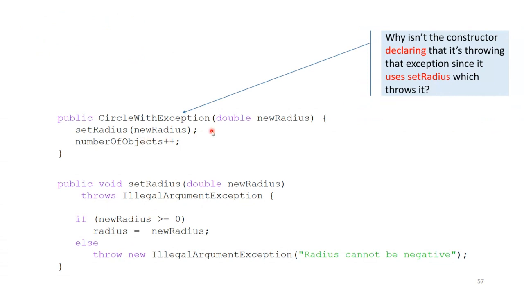But why don't I have to use a try-catch block here? Or if I don't want to use a try-catch block, I should at least have to declare that CircleWithException might actually let an IllegalArgumentException bubble up. So what's going on here? Why don't I have to do anything in CircleWithException?